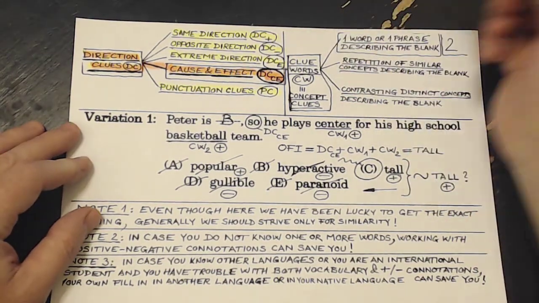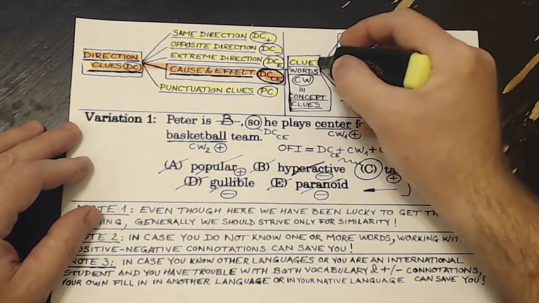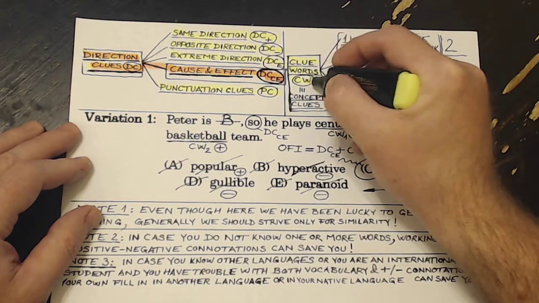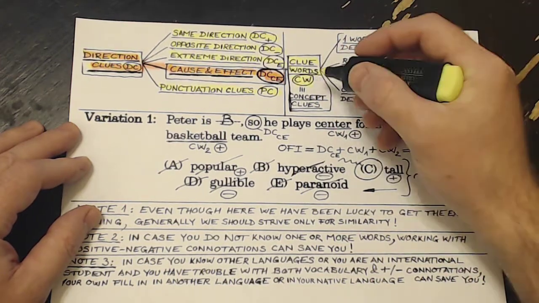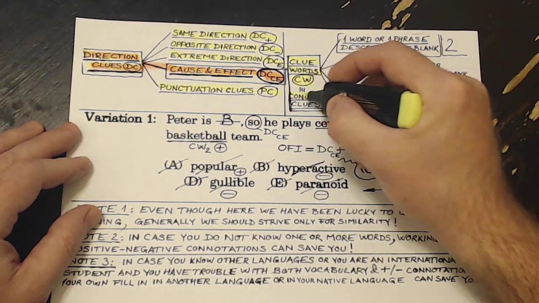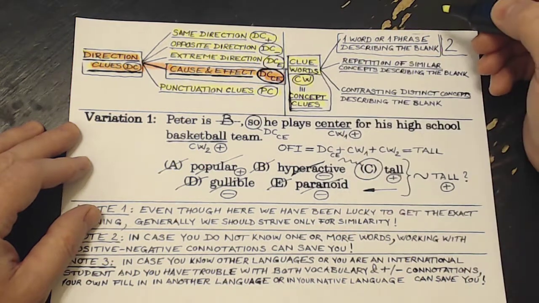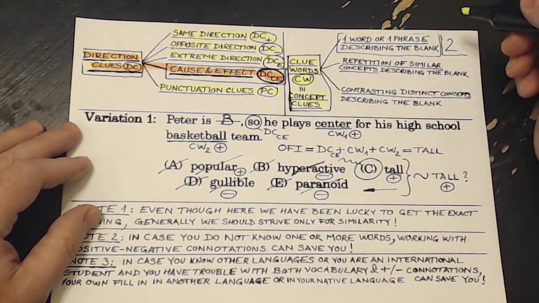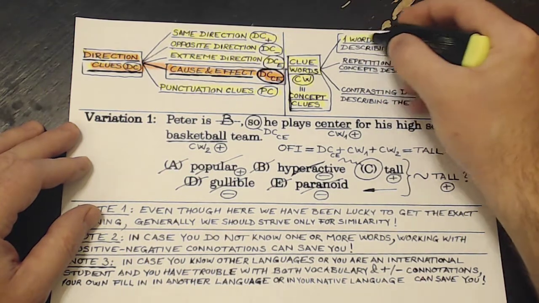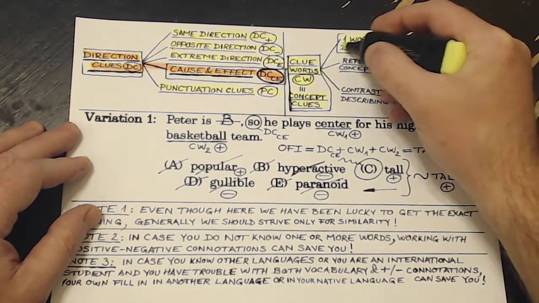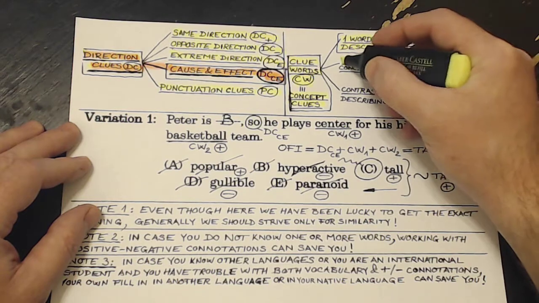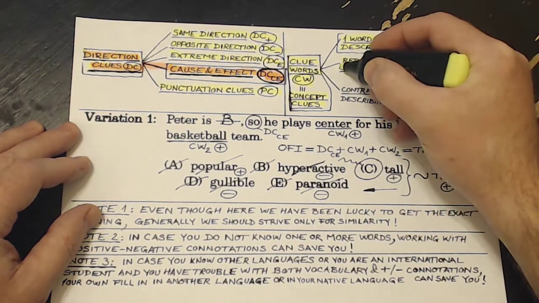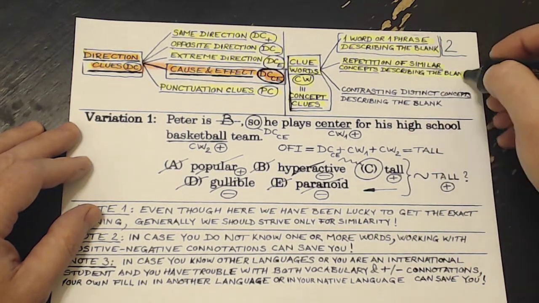What kind of clue words are there? The clue words, first of all, shorthanded by CW, are also named sometimes concept clues. And they have 3 different types. One word or one phrase describing the blank. Repetition of similar concepts describing the blank.